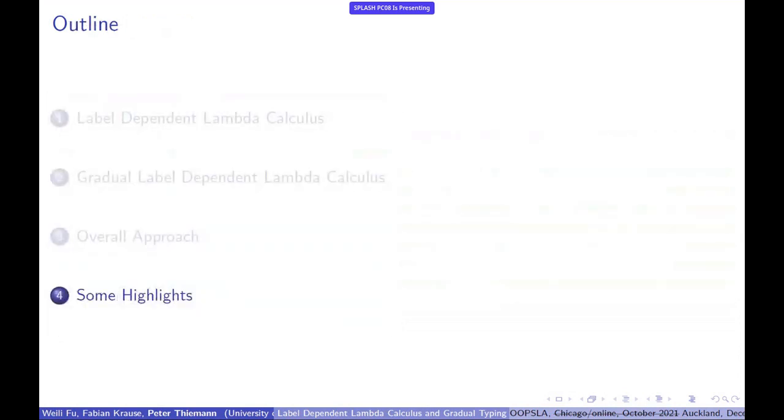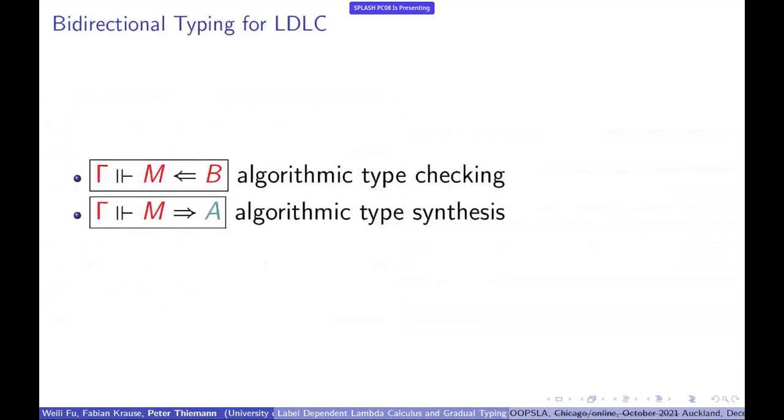All right, let's have a look. So we're getting to the part where, if you're not technically minded, you may take a nap or something. I'm just showing you a little bit of the technical stuff below. Bidirectional typing means you have two different typing judgments. One takes a term and an environment and synthesizes the type of the term.